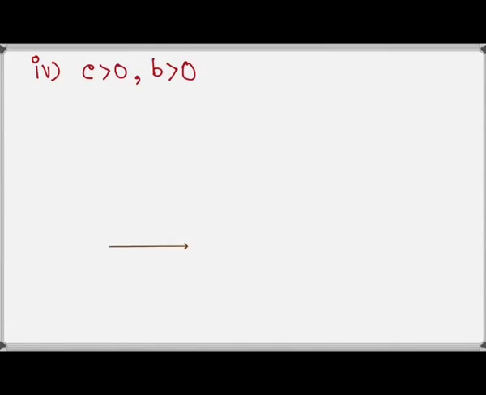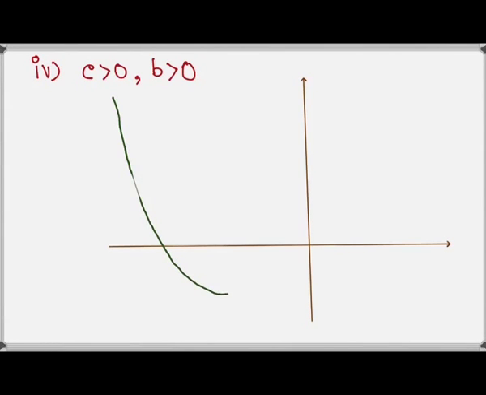Now this is the x-axis, this is the y-axis, and the parabola is like this. So here is our vertex, this is the y-intercept, this is alpha, and this is beta. So in this subcase also we see that alpha and beta both are real and distinct.